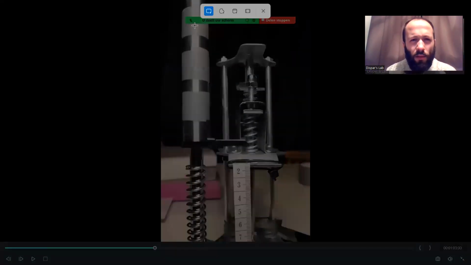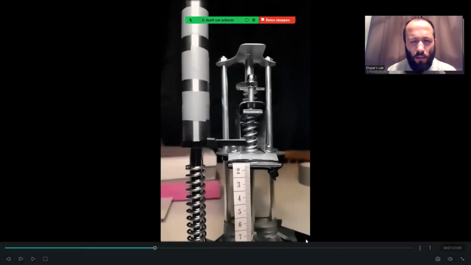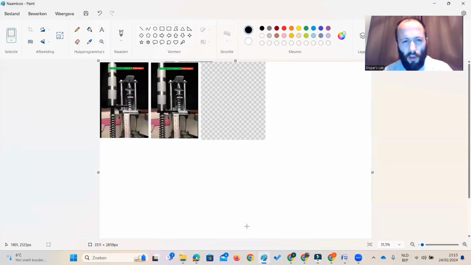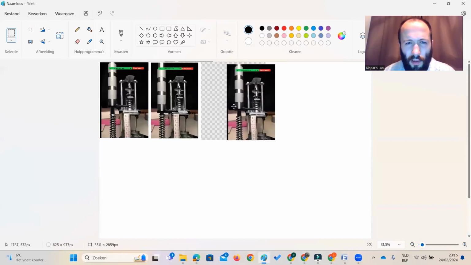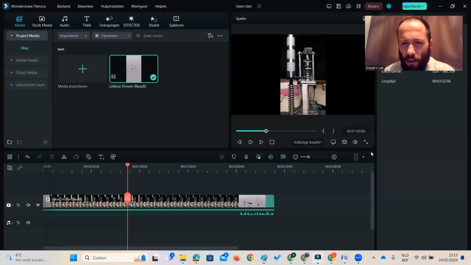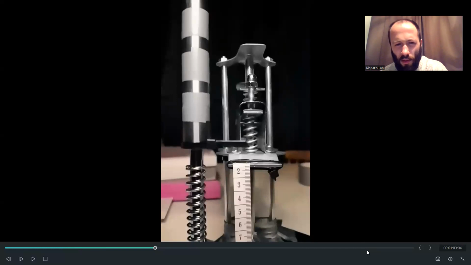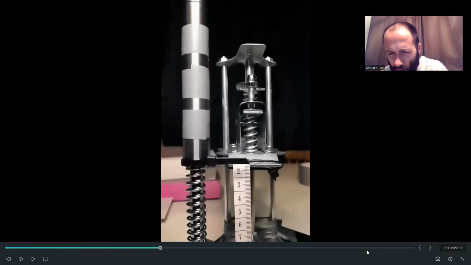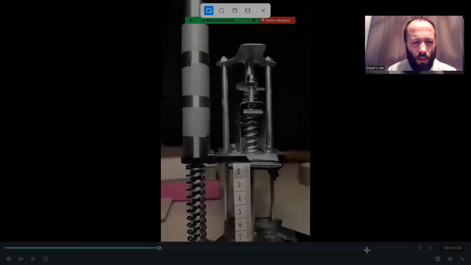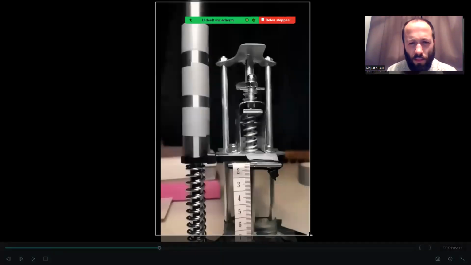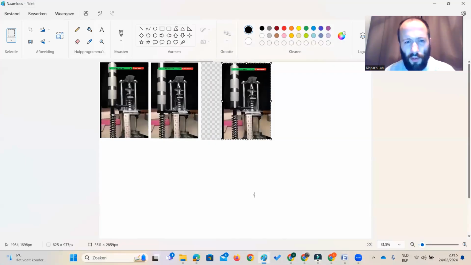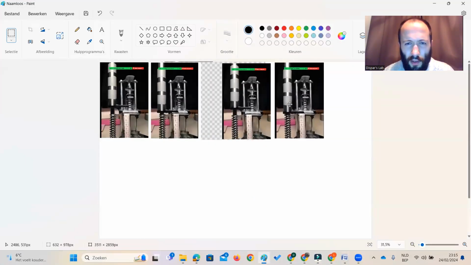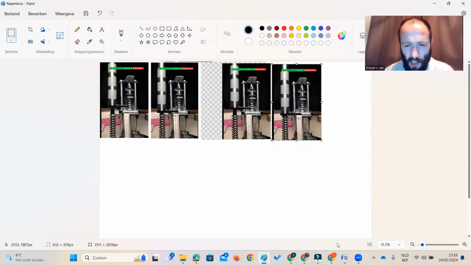Print screen. And now again, 2 milliseconds later, to 105. Print screen. Okay, all right, so these are the 2 trials for mass 4.